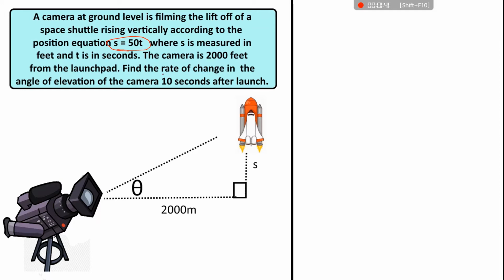What's the position equation, s equals 50t? That's going to tell us how high the space shuttle is, and it changes based on the time in seconds after launch.